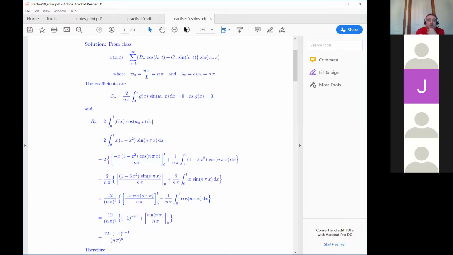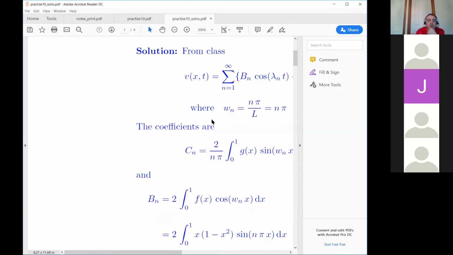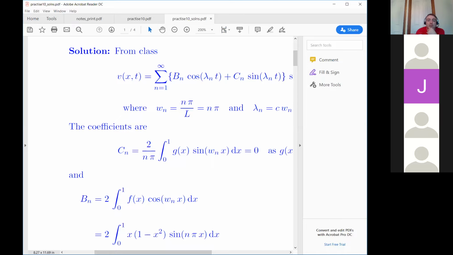I'm just going to zoom in on that. The reason your lecturer is doing this is because this is how you figure out a Fourier sine series. Yeah.